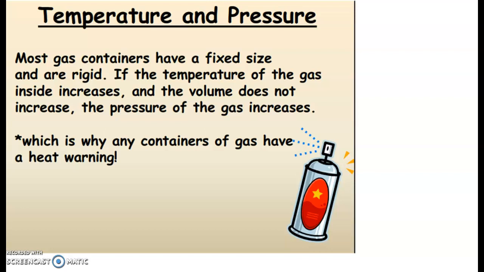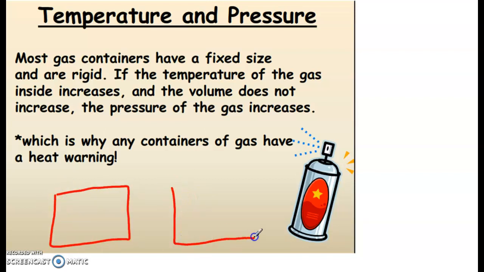Okay. So this should make sense right off the bat that if you were to increase the temperature of a gas, we know that the gas is going to move faster, right? So you have more kinetic energy. So let's imagine for a second, assume that the volume is the same.